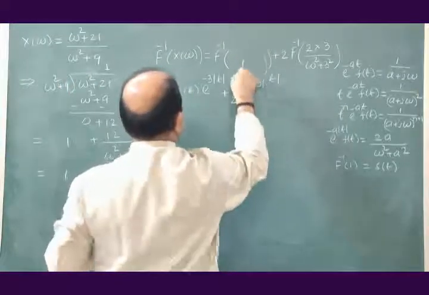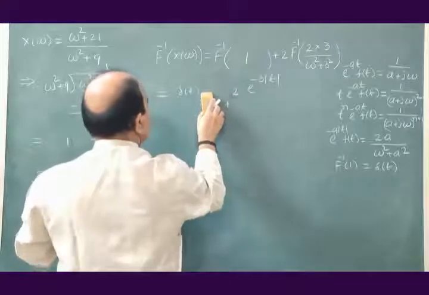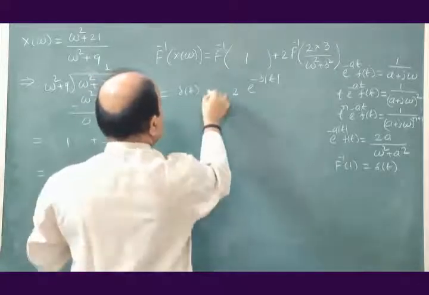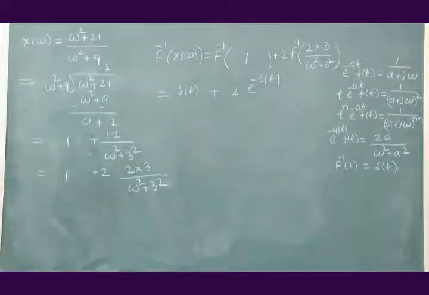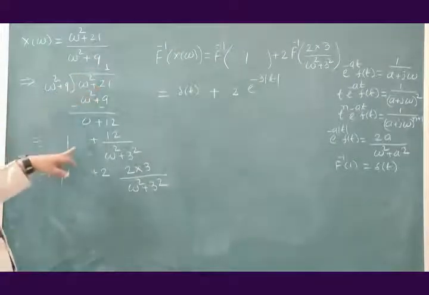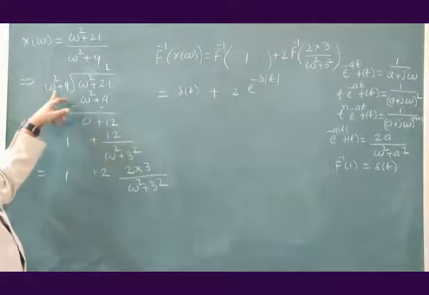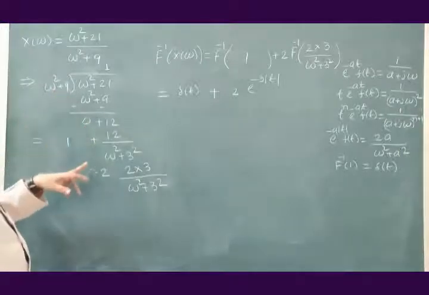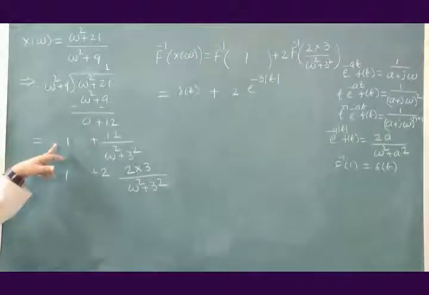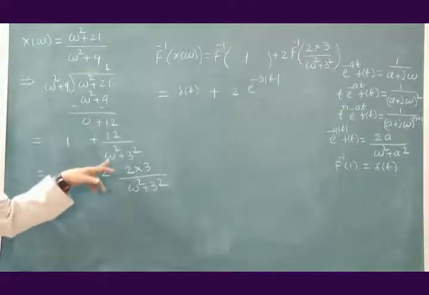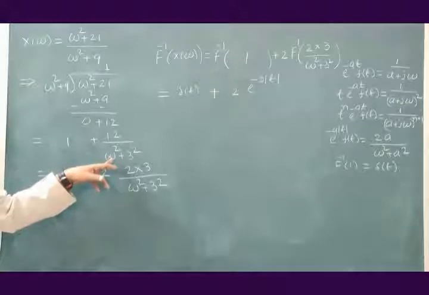It is simply 1 plus 12 divided by omega square plus 9. We had written here 1 divided by omega square plus 9. That was wrong. It will be simply 1 plus 12 divided by omega square plus 3 square, that is omega square plus 9.